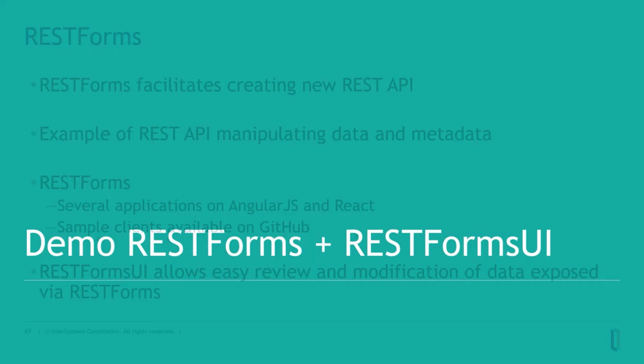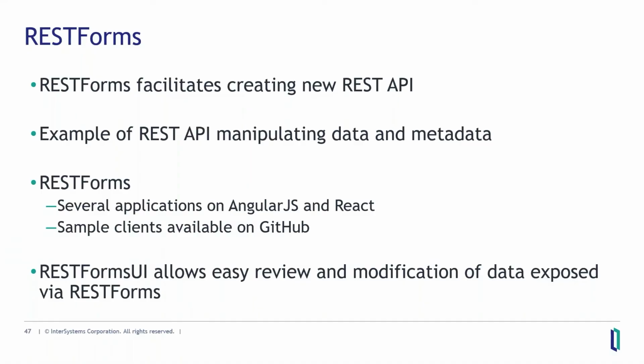So REST Forms is an example of a REST API manipulating data and metadata, facilitates creating new REST APIs, and allows easy review and modification of data exposed via REST Forms. We often use it to quickly enter some data.